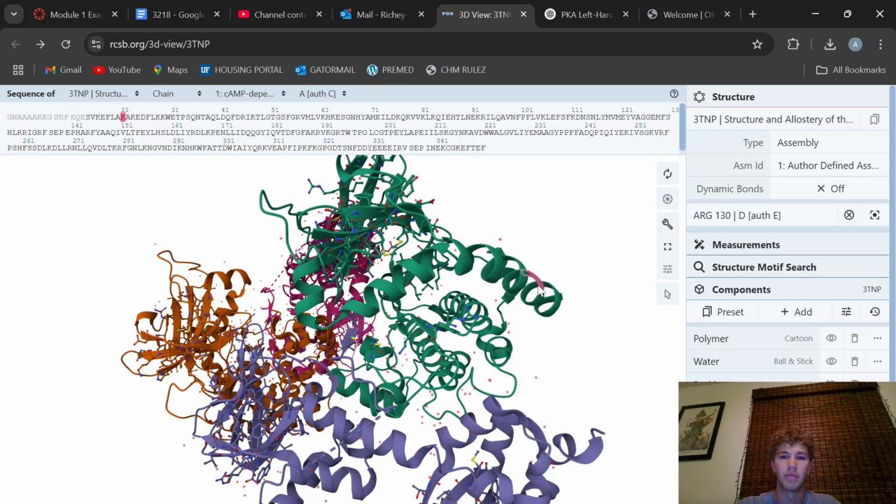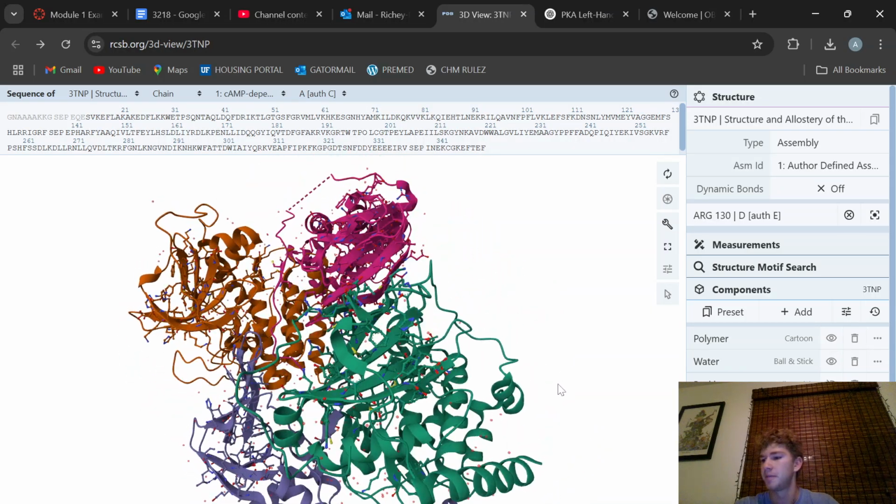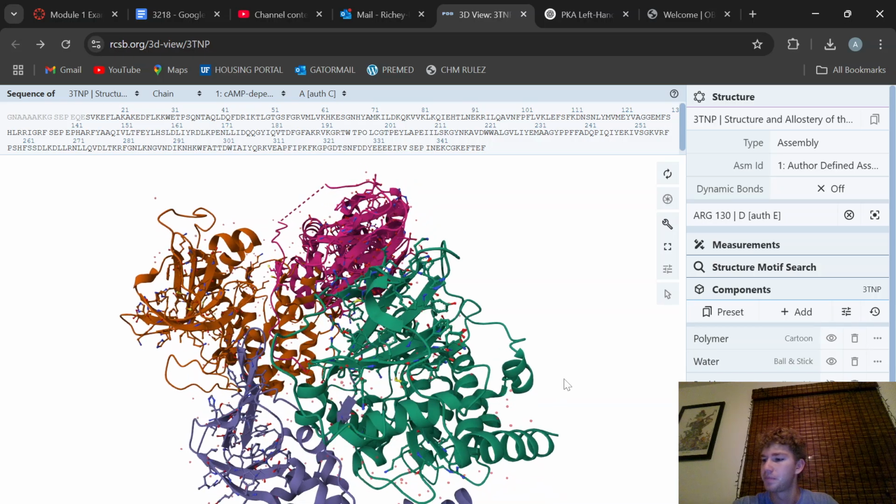We have lysine, which has that primary amine group on the end facing the solution, because the solution is water. Water is polar. We have on the inside here a leucine, which is nonpolar, and then alanine, lysine. Well, lysine's a little bit polar, but it's not going to be perfect. And you get the gist of it.